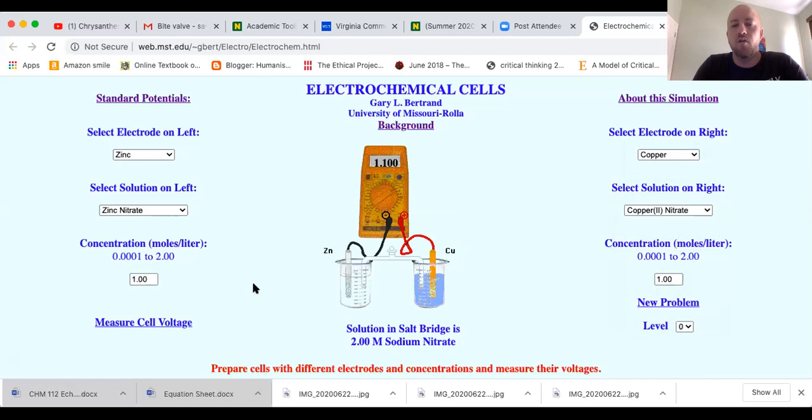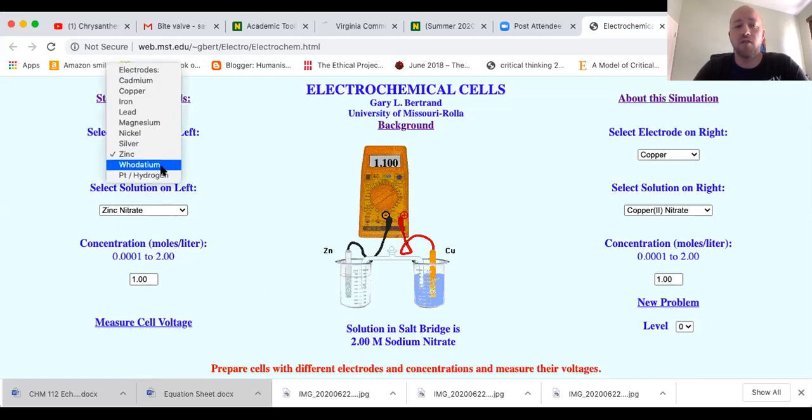So play with the various values, and you want to record as best you can. You should have some notion of what the cell value is going to be before you actually put things in the solution, so that you can compare your actual value to the theoretical value.